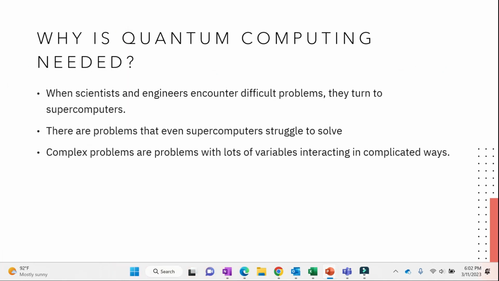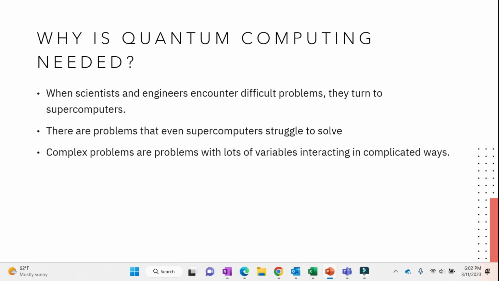First of all, let's talk about what the need for quantum computing was. As we all know, computers have eased our life a lot in doing computations that are difficult for a human being to do manually. But there are certain problems which our traditional computers cannot solve, and then scientists and engineers go with those difficult problems to a supercomputer. Now, there are certain problems which are even difficult for supercomputers to solve.